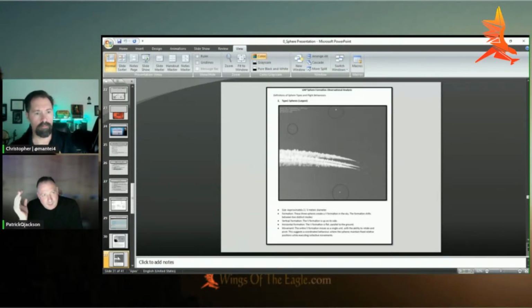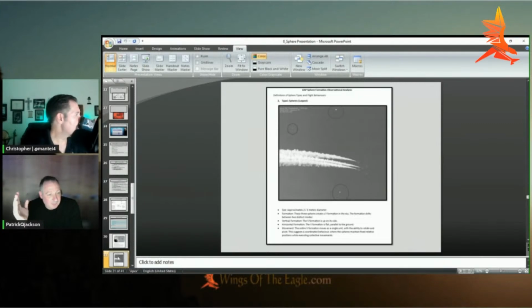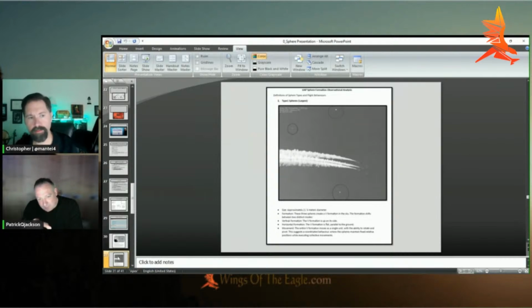Air shows are a prime example, and you'll see these things all the time at air shows because the out-of-place flight behavior triggers the AI. In this case, it's basically checking up on what these things are, and then it will just go away again. But in that V formation, the target is dead center. Wherever the center of the V is, that's where it's aiming.